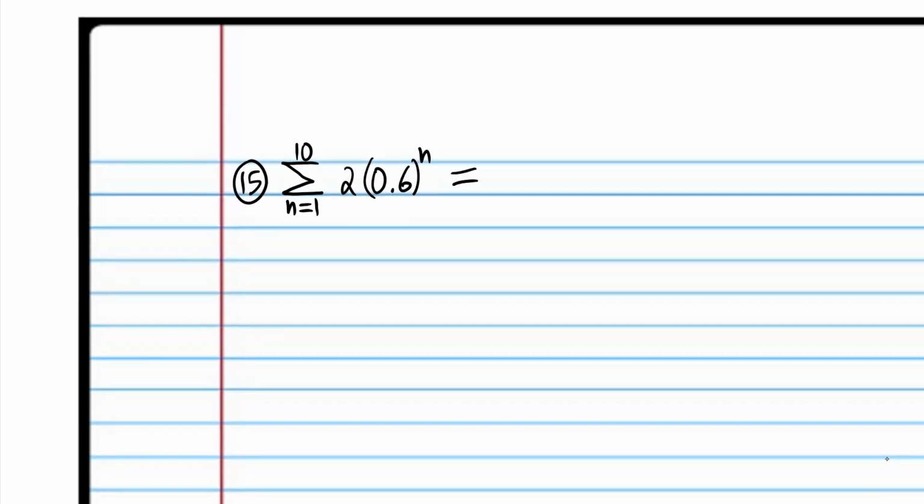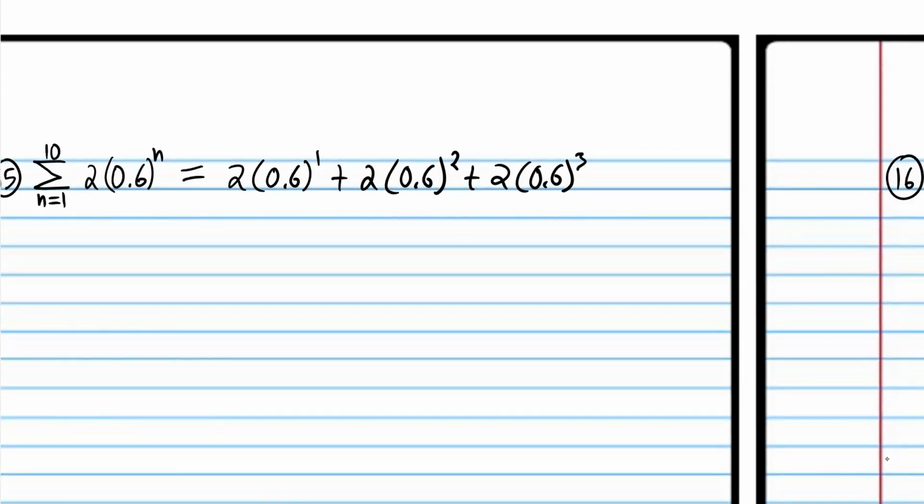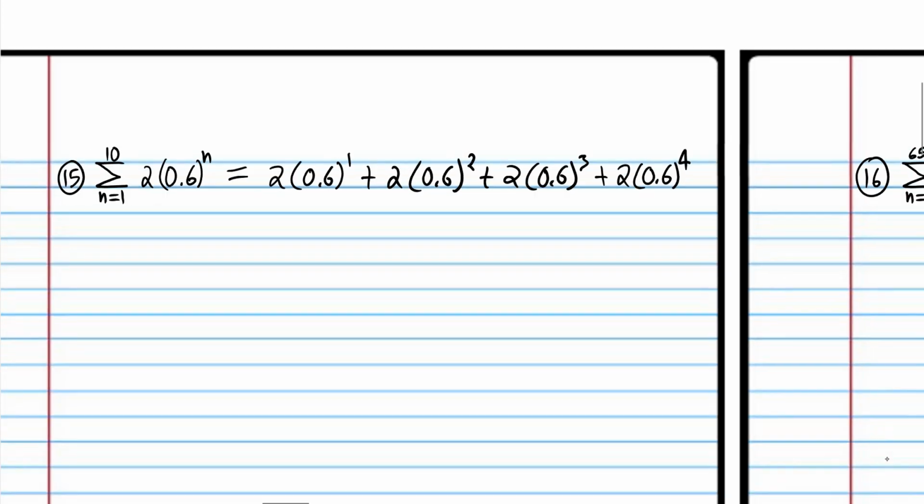Alright, we're back, so plug in 1 for n, and you get 1.2. Plug in 2 for n, and maybe I should show this. So plug in 1 for n, 2 for n, 3 for n, and then 4 for n.